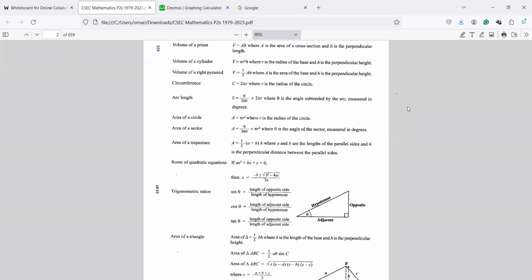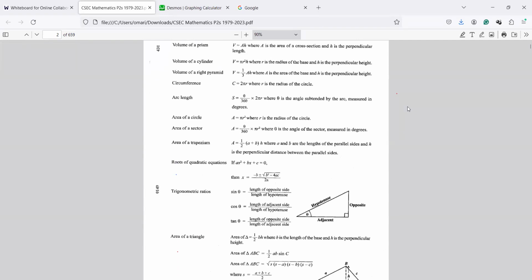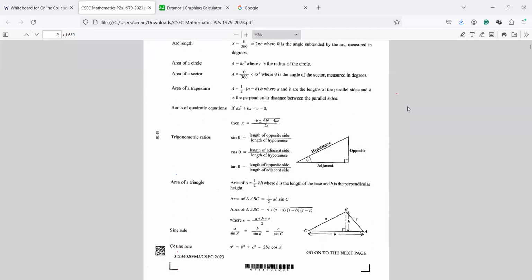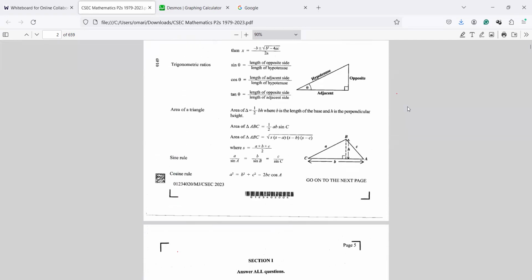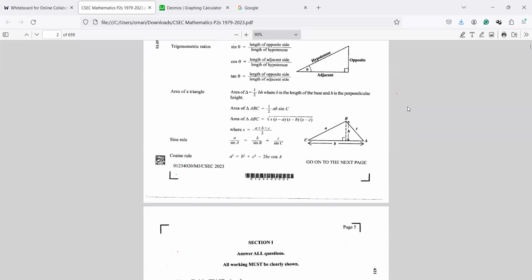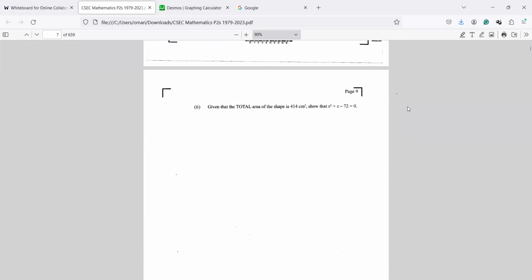They might choose to remove something. So as Shereka said, it's best if you guys try to memorize the formulas. But if you place a formula on the paper and you think there might be something wrong with it, just double check to see if they would have given you that formula on the formula sheet. So there's the sine and the cosine rules, guys. Linear programming. Where is it?